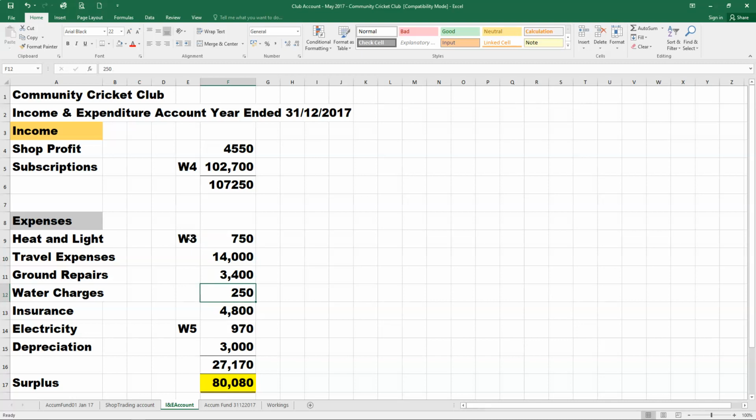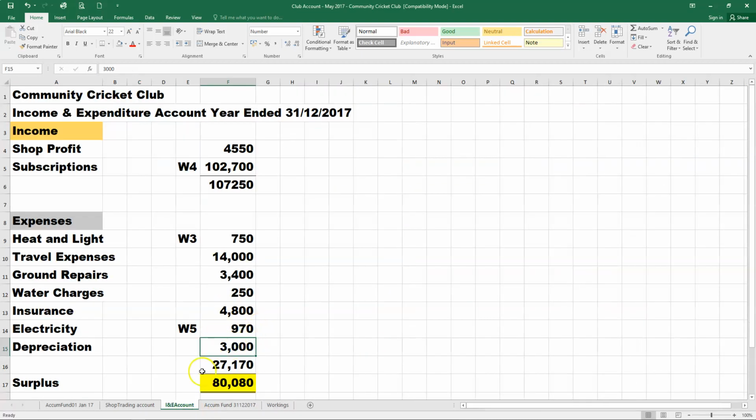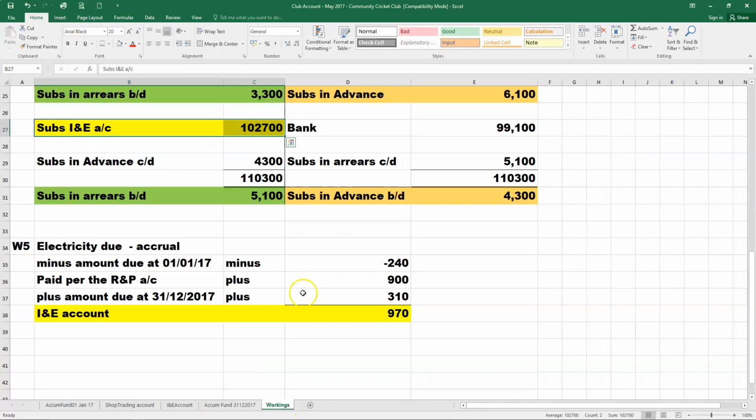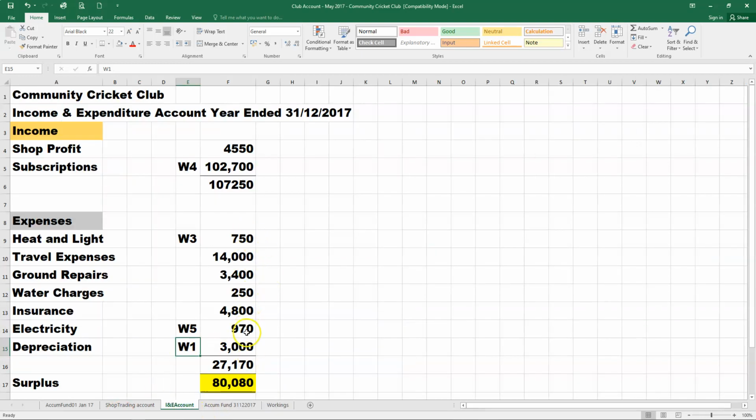We've water charge at 250. We've insurance of 4,800. Then electricity, and I've done a little working for electricity. So if I come back over here, working 5 for electricity was €970. And then we have depreciation, which is coming from working 1. Let's just look at working 1 there now, with my depreciation figure there of €3,000 for 2017. And they're all my expenses.